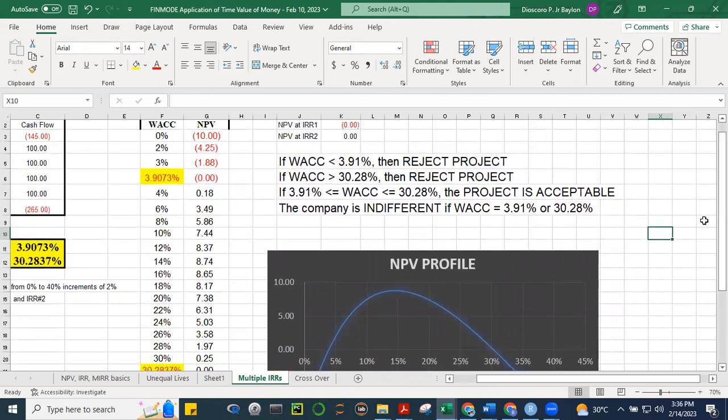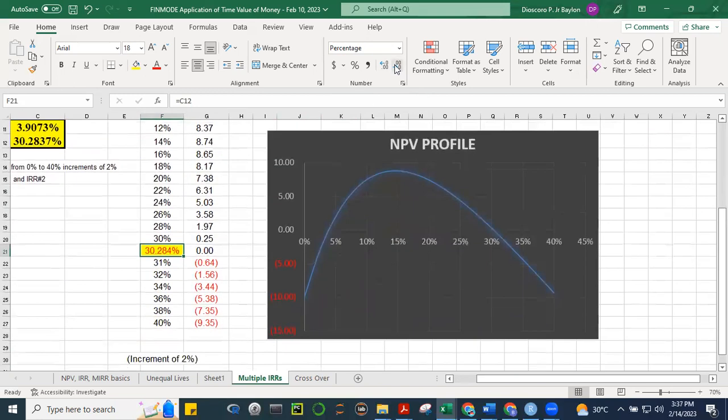Ano ibig sabihin indifferent? Whether or not they accept it, it doesn't matter. Right? Why doesn't it matter? Class? Bakit indifferent yung company? Class?